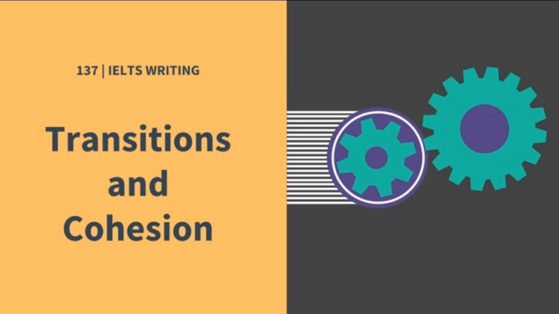Now, there is a warning I want to tell you straight away at this stage. The warning is that just by using firstly, secondly, thirdly, or whichever transition, whichever device, whichever words we use, it will not automatically make the writing cohesive or coherent.